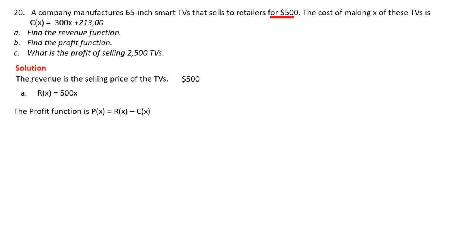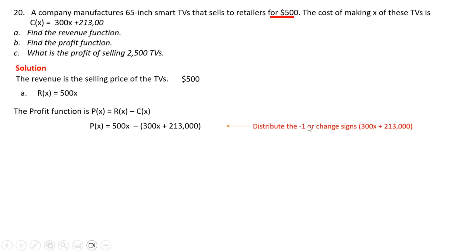Now for part B, find the profit function. The profit function is R of x minus C of x. So my revenue function is 500x, and my cost function, C of x, is equal to 300x plus 213,000. Remember to distribute the negative 1 or change the signs.